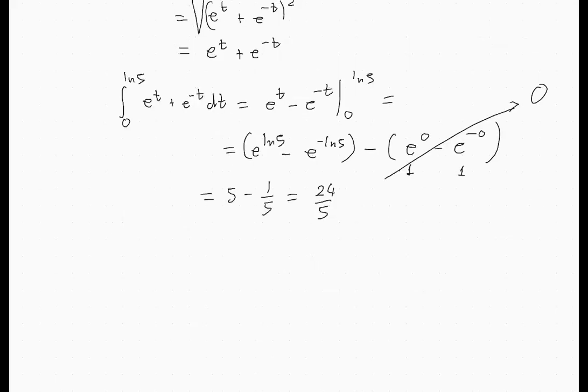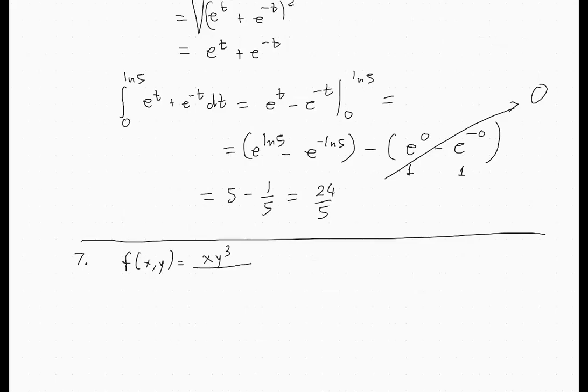Let's now go to problem number 7. We have the function f of x y is equal to x y cubed over x squared plus y to the 6th.